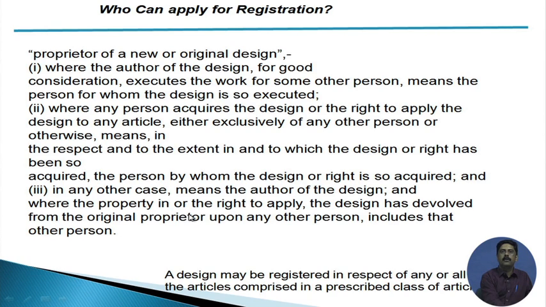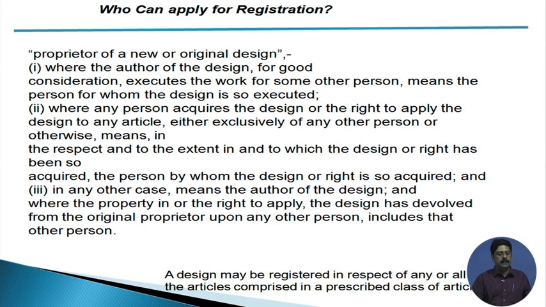Where the property or right to apply the design has devolved from the original proprietor upon any other person, that person is included. For example, if the original author dies, by devolution of title the ownership goes to his legal heirs, who then have the right to apply. Similarly, in company dissolution, the title may go to other persons, who would be considered the proprietor or owner.